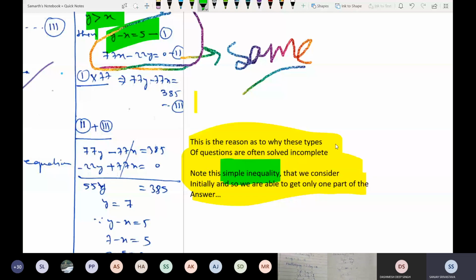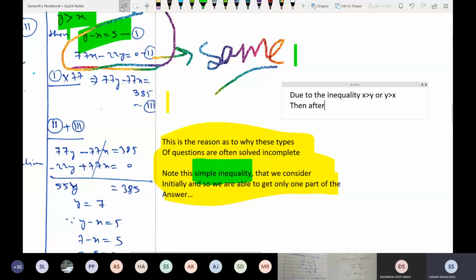Suppose x is greater than y, then you will write x minus y is equal to 1. And if you take y as the greater digit, then you will write y minus x is equal to 1. That means you will get the equation x minus y is equal to -1. So when you simplify accordingly, you will get the two numbers. This is the beauty.